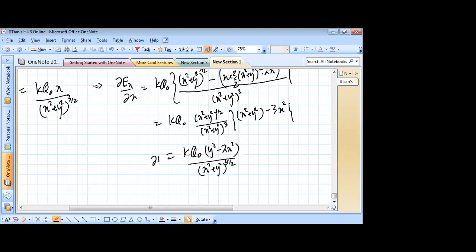Something like this. And if we needed the other term also, it would just come by symmetry.